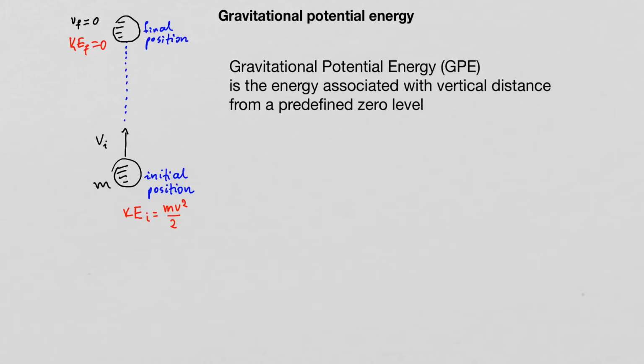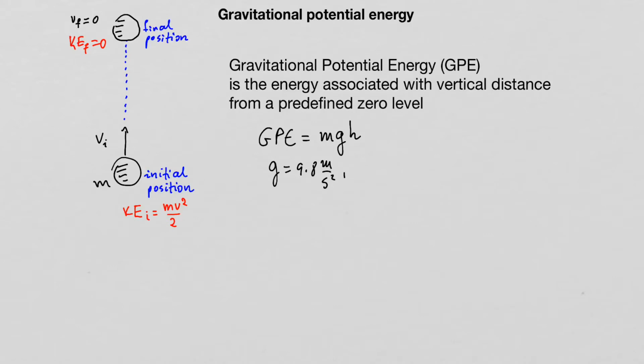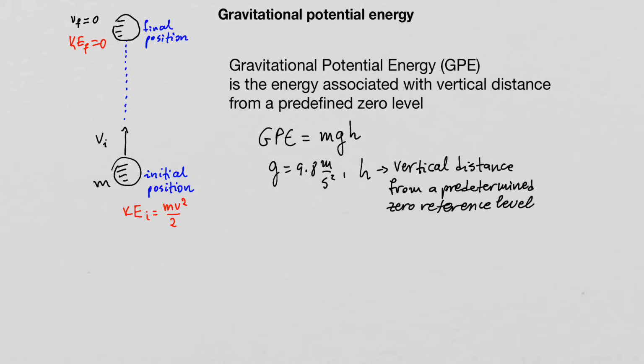Gravitational potential energy is calculated as the product of the mass of an object that is moving vertically up or down times the gravitational acceleration g times the distance h from the predetermined 0 level. g is 9.8 meters per second squared, the gravitational acceleration of Earth, and h is a vertical distance from a predetermined 0 reference level.